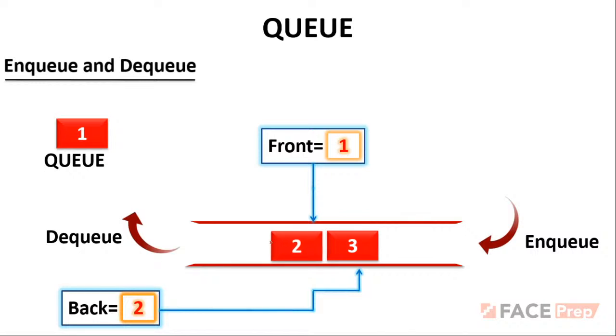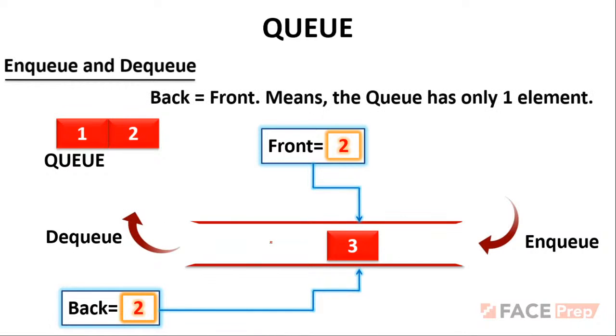When I delete my second element, front value will be incremented by 1. Now see that the value of front and back are equal. So when the value of front and back are equal, what can I say? It has exactly one element.